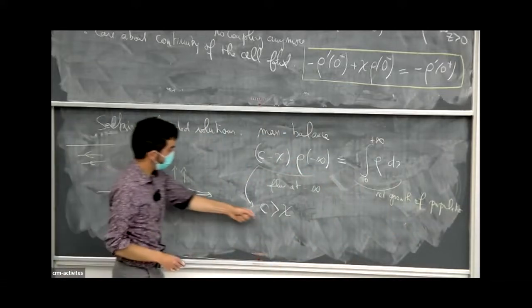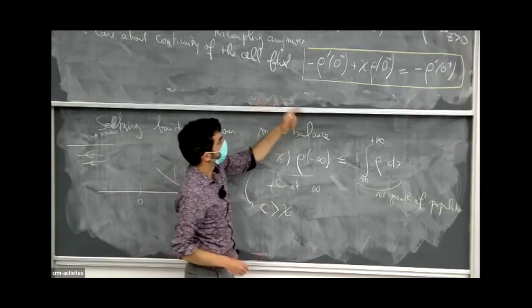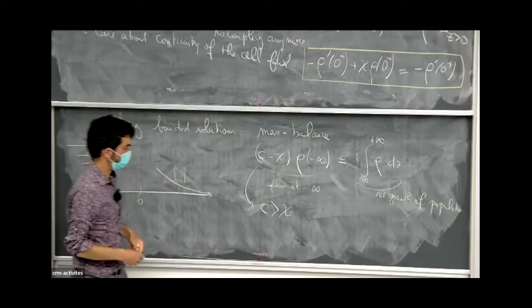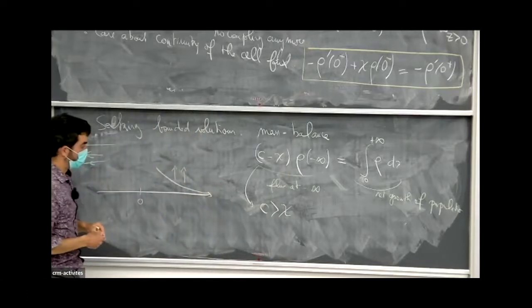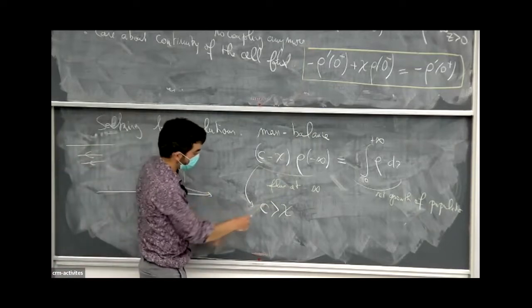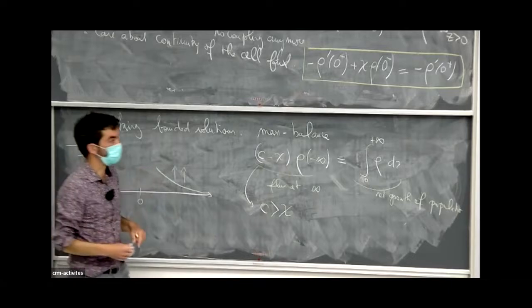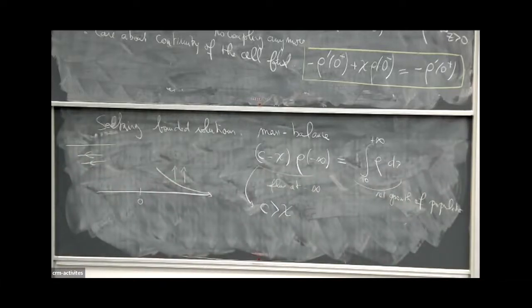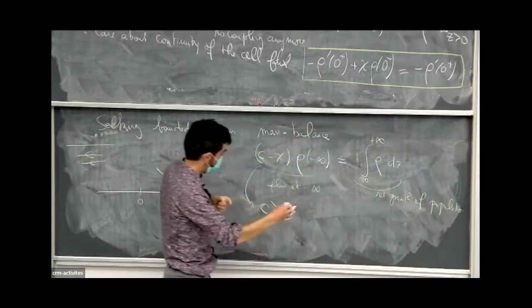Okay, so what means that C is larger than chi? Chi is a speed, transport speed in the original frame, and this tells you that the collective speed is going faster than the speed that the cells are able to travel.